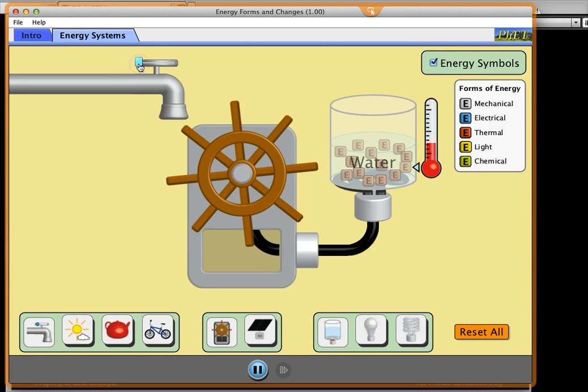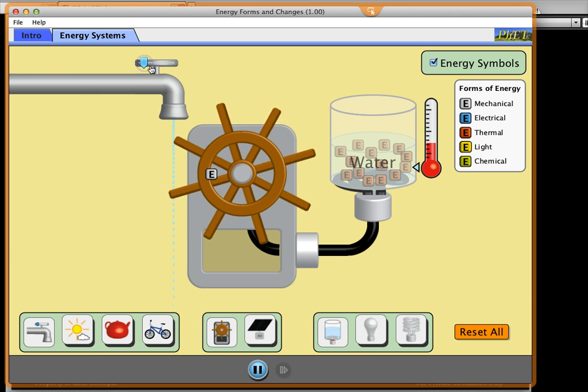Kirti, can you keep track of how many escape from the water? And Mayank, maybe you can keep track of how many are lost, they don't get captured by the converter. Okay? Kirti, ready? Here we go. 1, 2, 3. I increase the speed. That's 1.